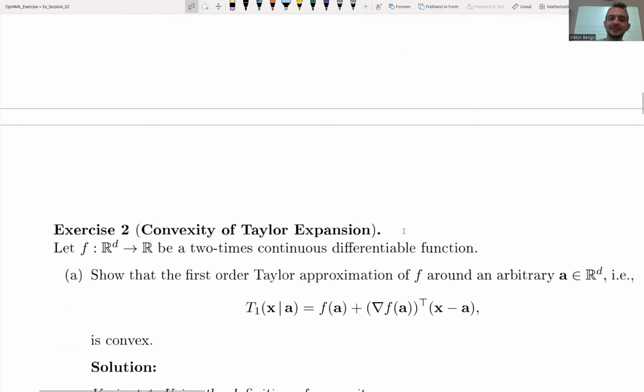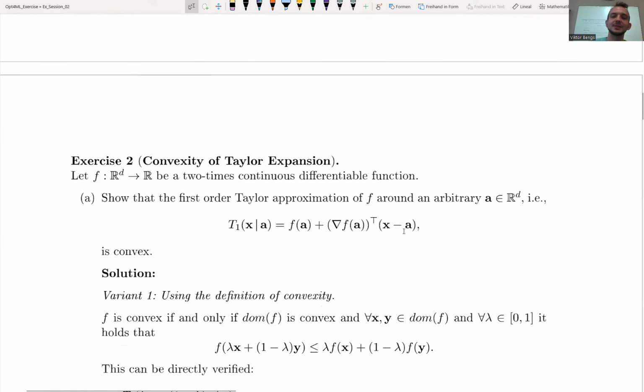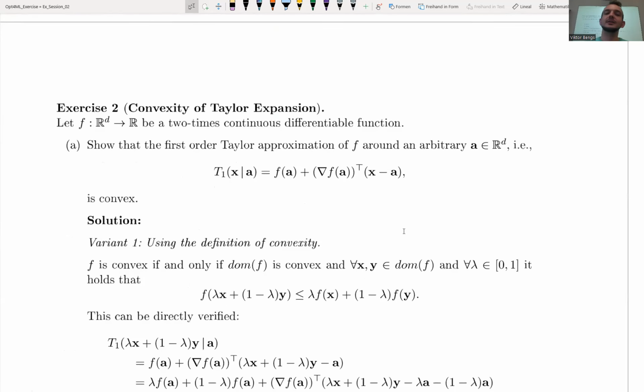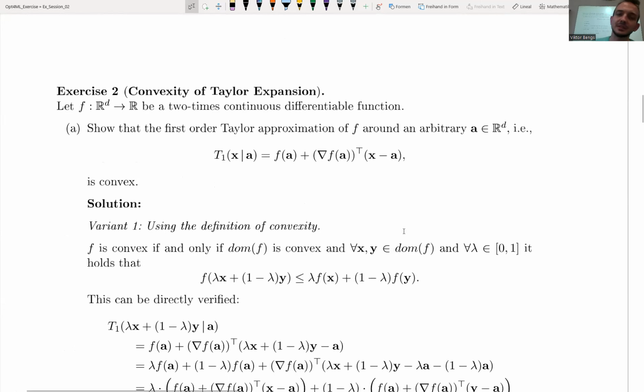All right, good. So this was a short warm-up for computing Taylor expansions. Now, this is what I mentioned with the combination of our topics of convexity and Taylor expansions. Namely, we are now interested in whether Taylor expansions, Taylor polynomials, Taylor approximations, however you want to call them, are convex.